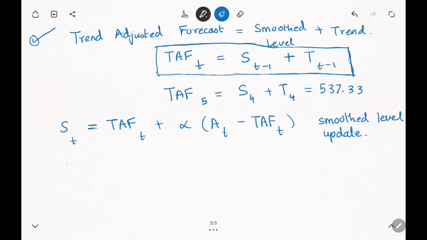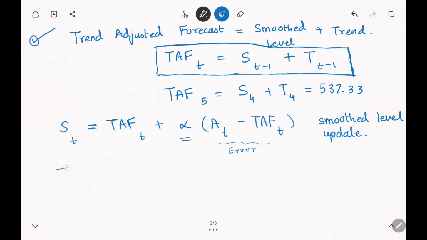This means we correct the forecast by a fraction alpha of the error, because A(t) minus TAF(t) gives us the error, and we take a fraction of that error, dictated by the smoothing constant alpha, and add it to the forecast. So we adjust the forecast by adding a fraction of the error; that is our smoothed value.